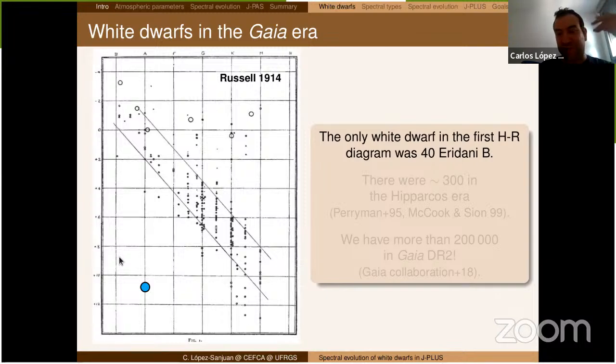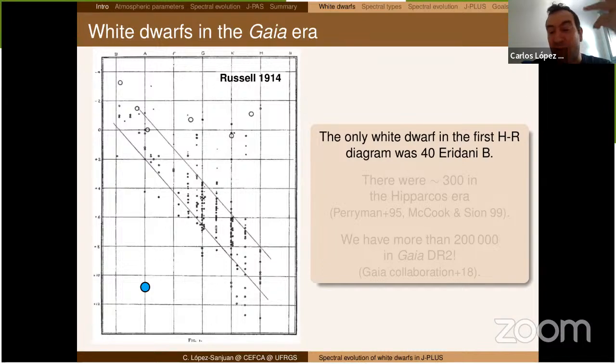However, for that you need distances, so you need parallaxes, and measuring parallaxes is very difficult, in the sense that if you think about the closest star to the Earth, that is Proxima Centauri, is basically 4 light years. And that means that the parallax of this object is less than 1 arcsecond. And 1 arcsecond is the, let's say, typical seeing, typical resolution that you can have from Earth due to the atmosphere. So basically, only the very bright objects can have parallaxes.